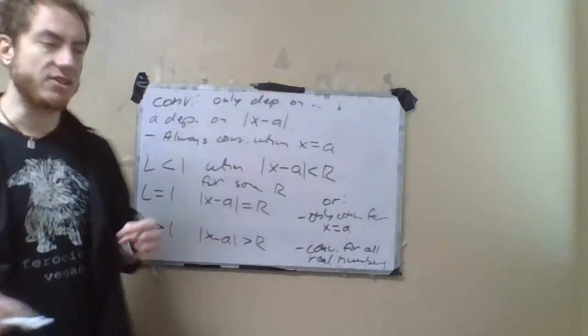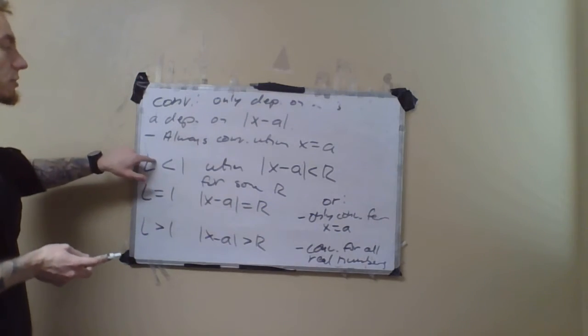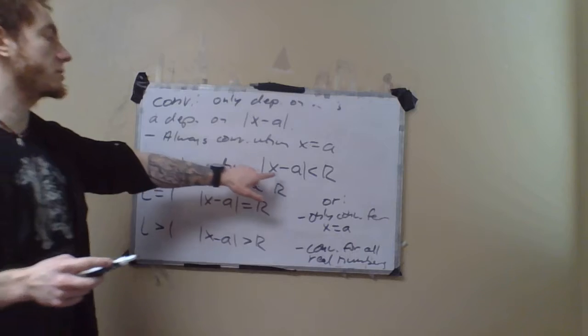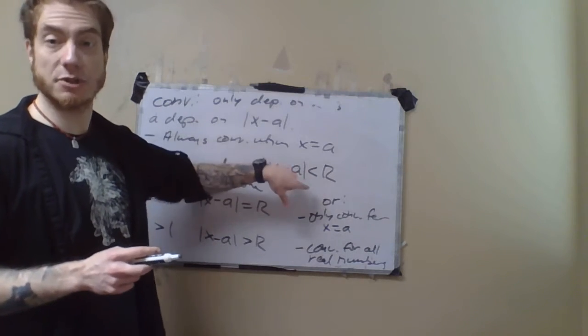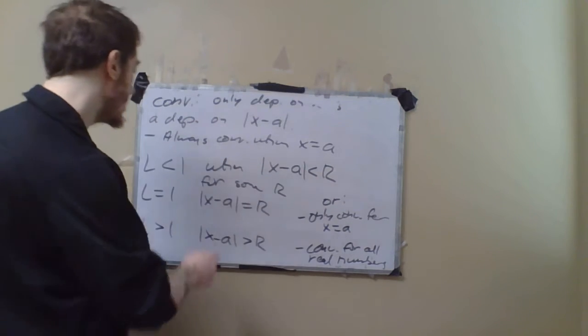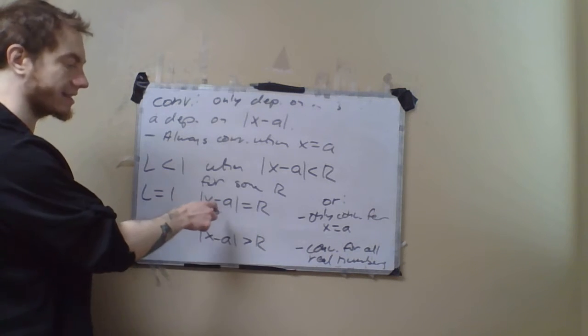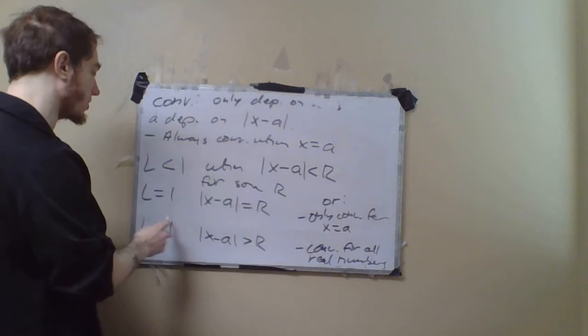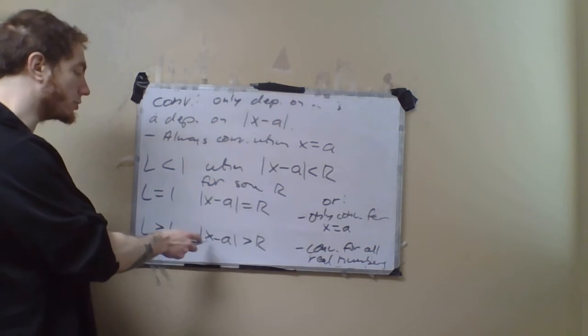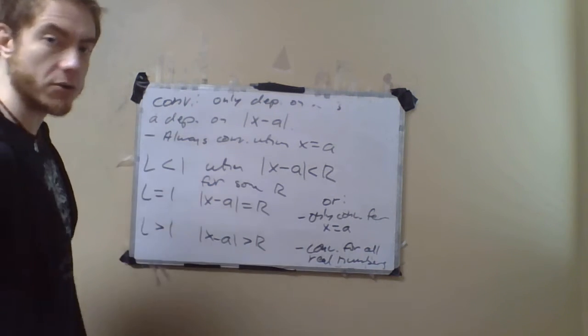But in the other cases, you're going to get absolute convergence when the absolute value of x minus a is less than r. We don't know what happens when the absolute value of x minus a is equal to r, and then it diverges when it is bigger than r.